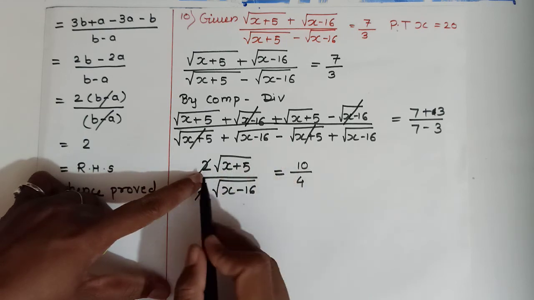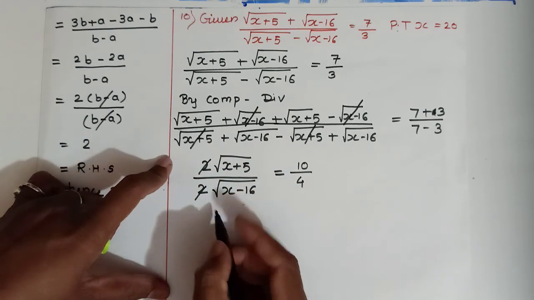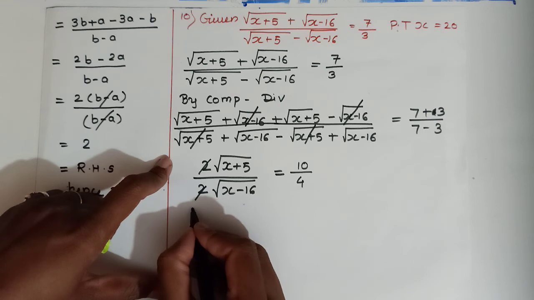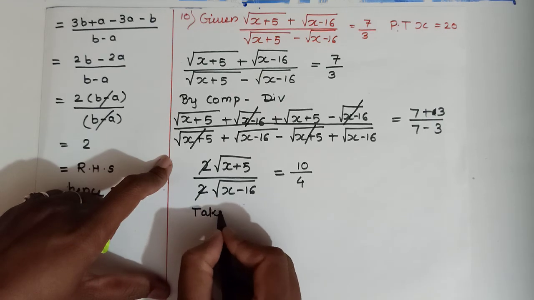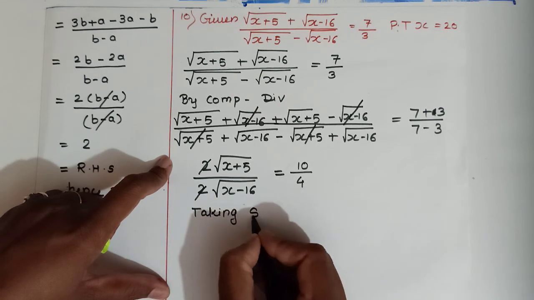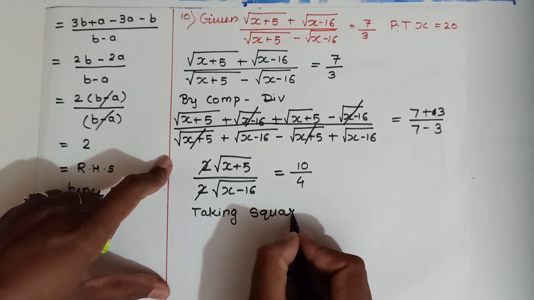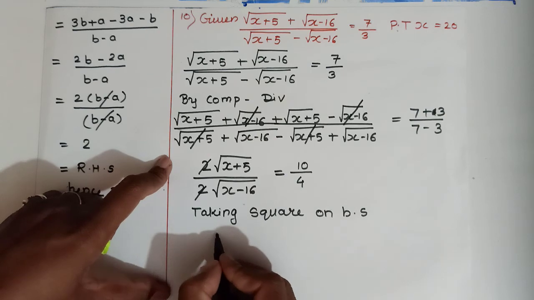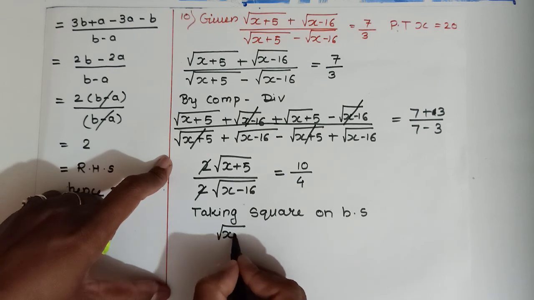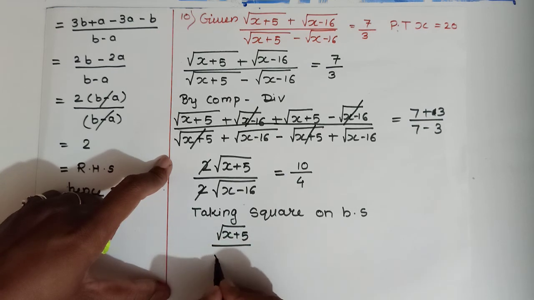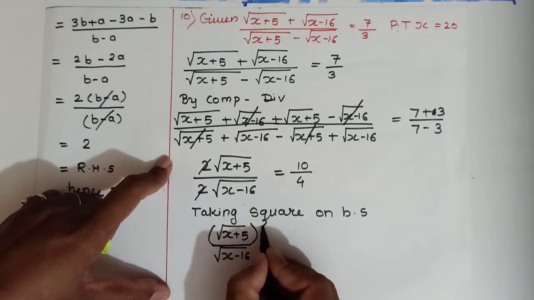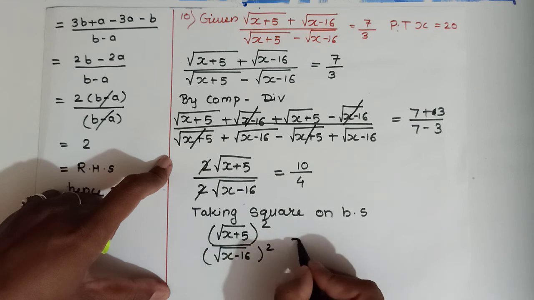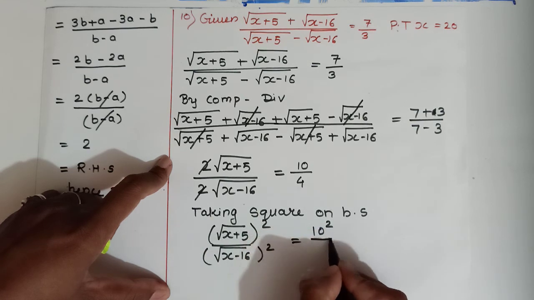Now since I have to remove this root sign, what I will do is take square on both sides. So I will get under root x plus 5 divided by under root x minus 16, squared, equals 10 square divided by 4 square.